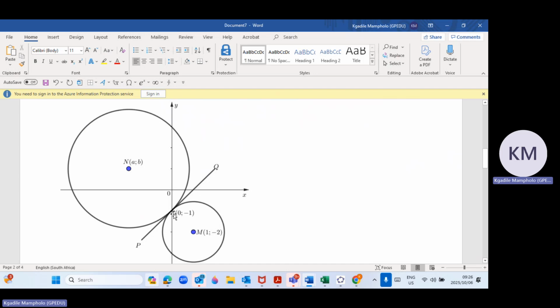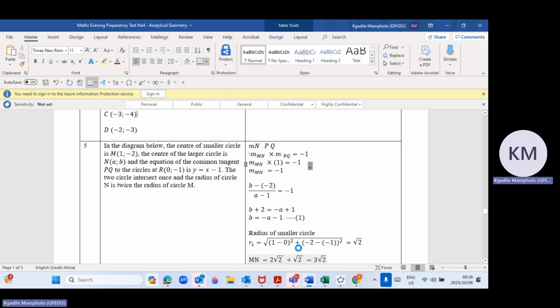We are going to use the distance formula. We say (0 minus 1) squared plus (-1 minus -2) squared. That is what we did here.